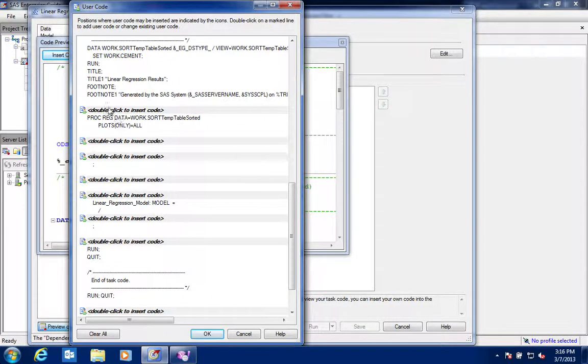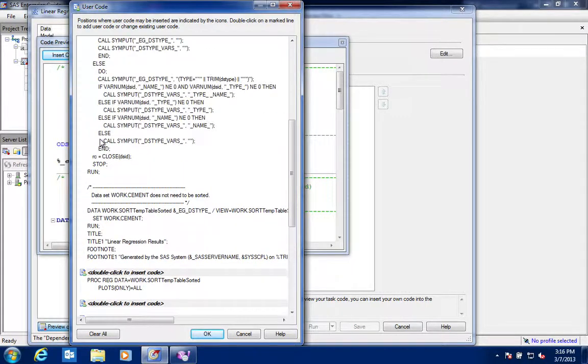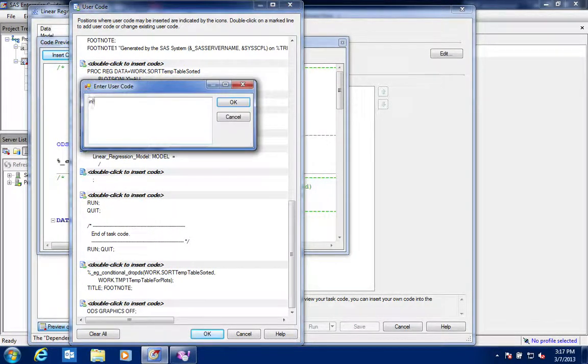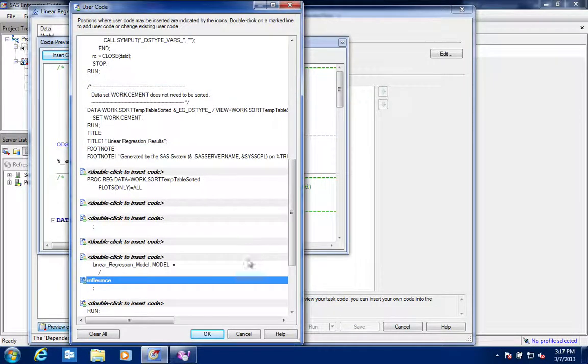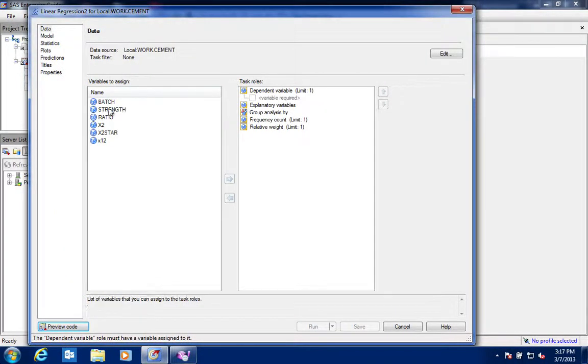So, strength, then ratio, and x2 star. Don't forget that you shouldn't bring x2 here, right? That is for 3 lines. This is for 2 lines. That's an important point. Okay? So now let's go to the code for the test.